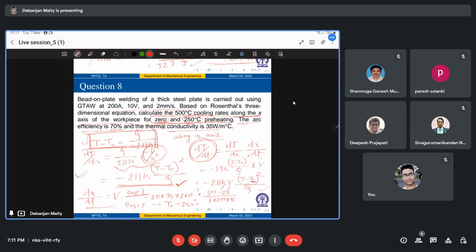Yes, sir. Great. So why I'm telling you that is, to get the value of this cooling rate, you'll understand after finding out the value. For one case it will be higher, for one case it will be lower, of course. Check for which case it is higher and for which case it is lower.